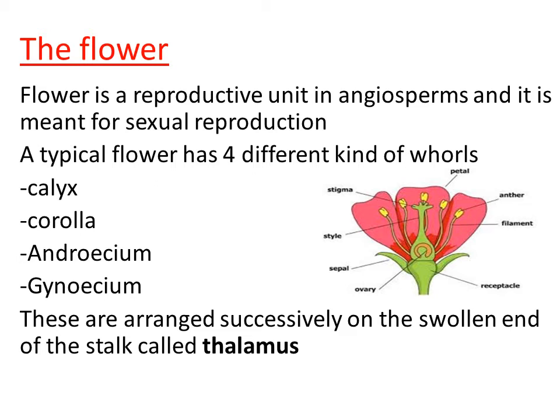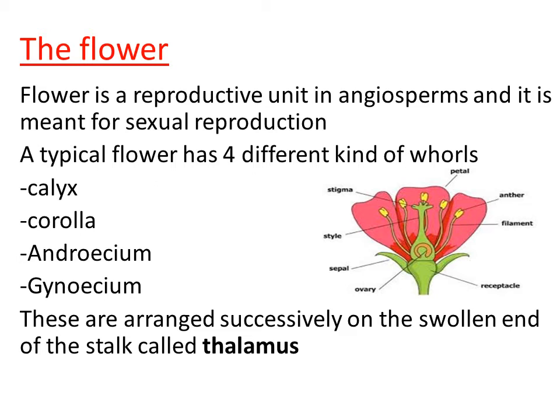Pedicel is nothing but the stalk of the flower. The tip of the stalk consists of a swollen structure, and that swollen end of the stalk is called the thalamus. Thalamus is the part from where the formation of all the whorls takes place.